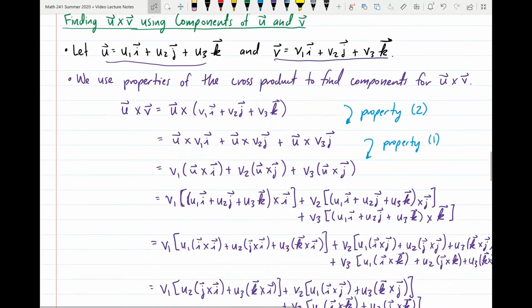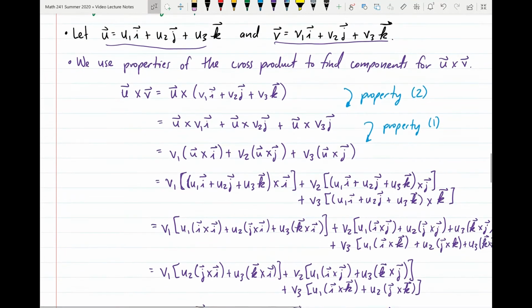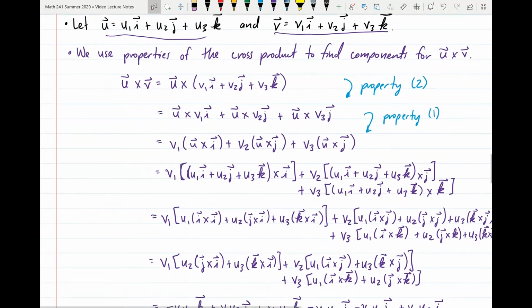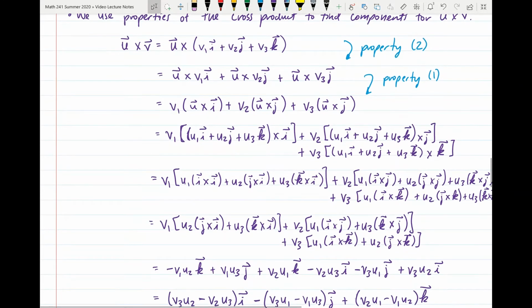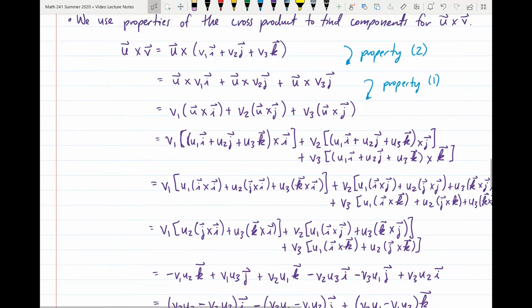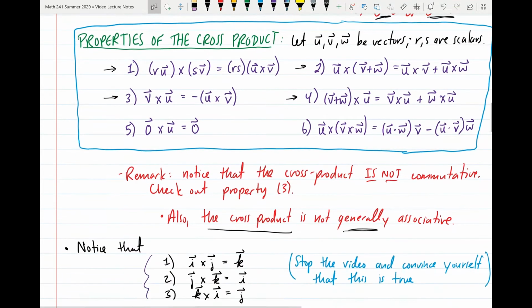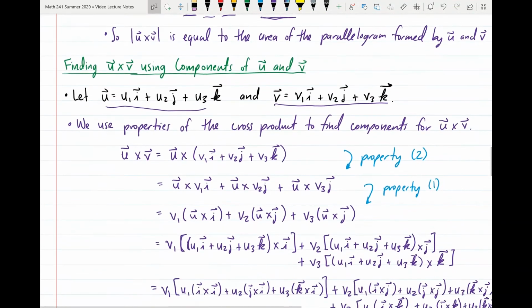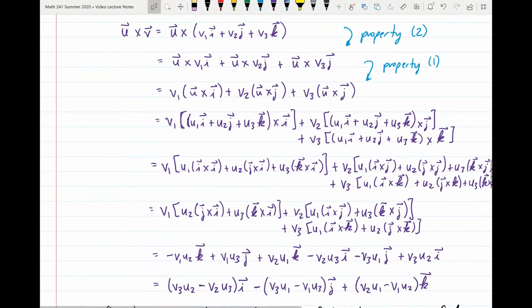So this whole big section that I have in purple here is just a derivation of what the cross product would be if you're given vectors in component form. The derivation here just uses properties that I had listed up in this box here. So it's really not too tough to do, but I will say that it's quite tedious, as you can tell from all of the scribbles I have across the screen.